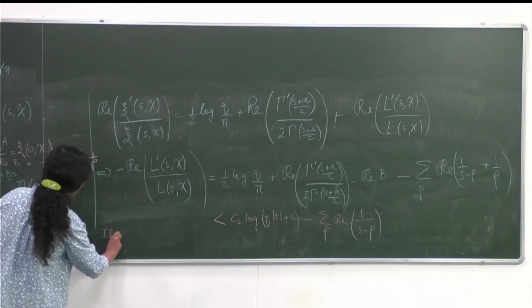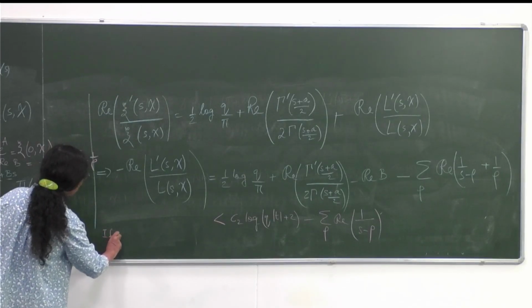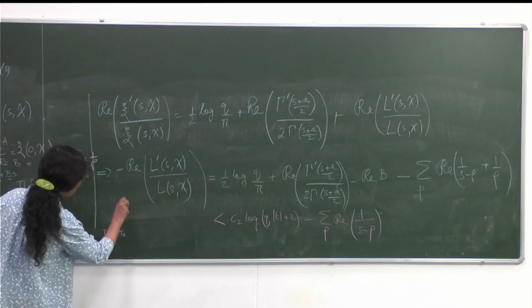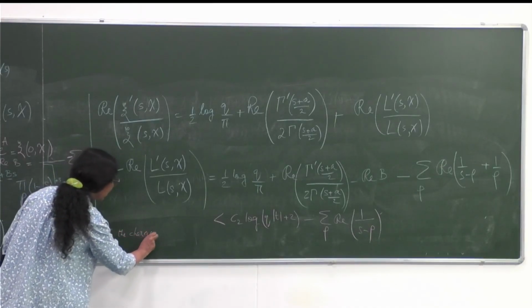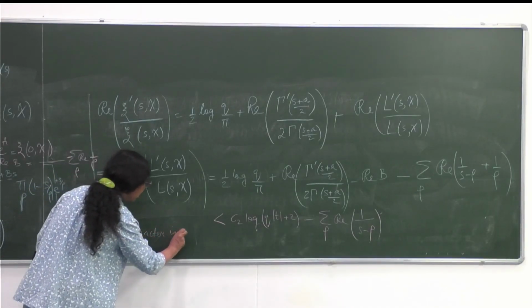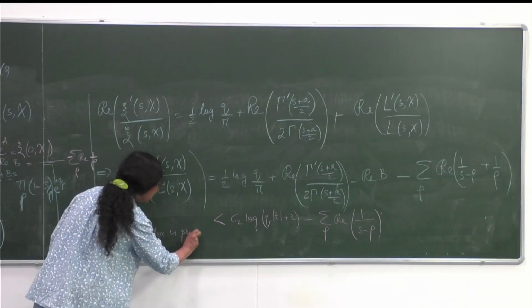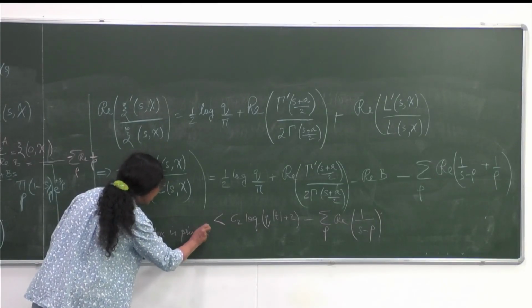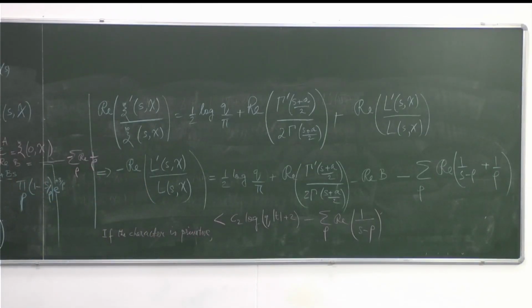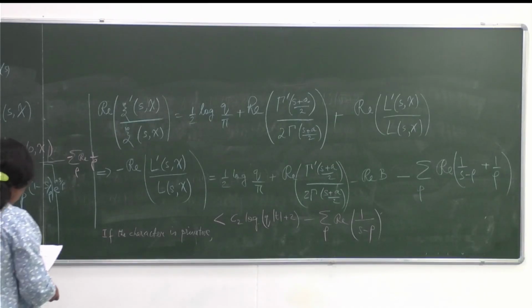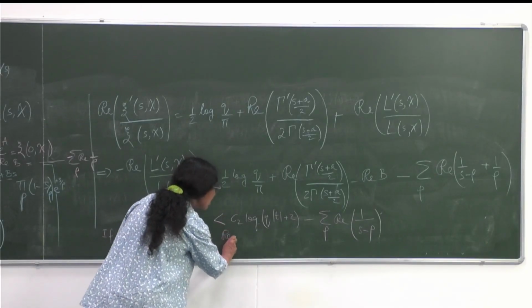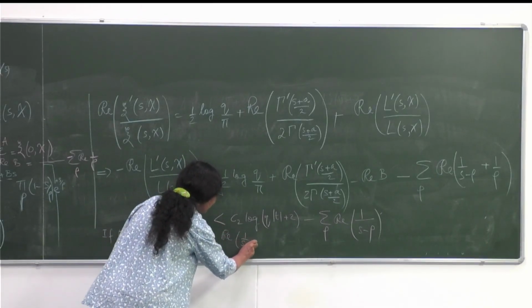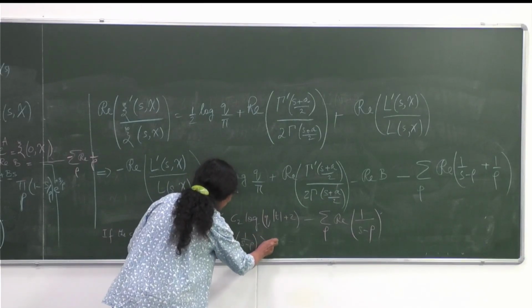If the character is primitive, we get this one, real part of 1 upon S minus rho. This is positive, yeah?